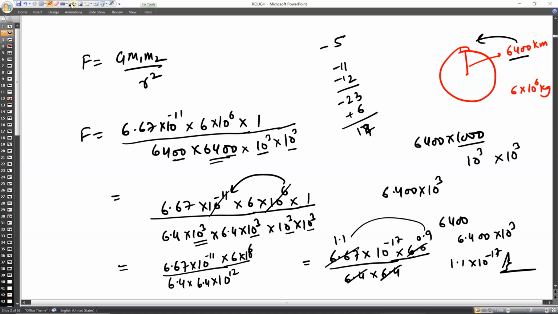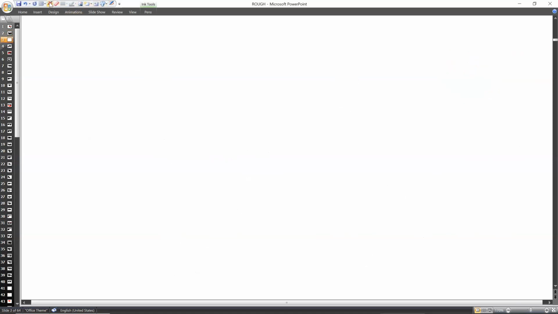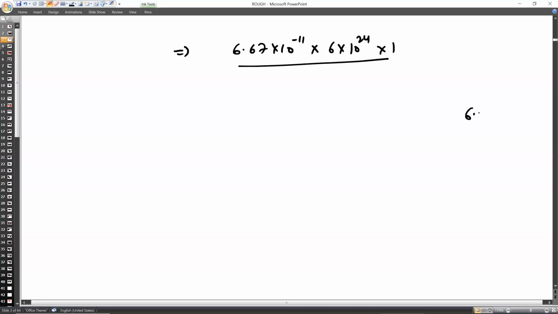So let me explain this one more time. Just change the digits, just the power. Other things are the same. 6.67 into 10 power minus 11, and the mass of the Earth we had taken 6 into 10 power 6, but it is 6 into 10 power 24. And the other mass is 1 kg, and the radius of Earth is 6.4 into 10 to the power 6 meters.